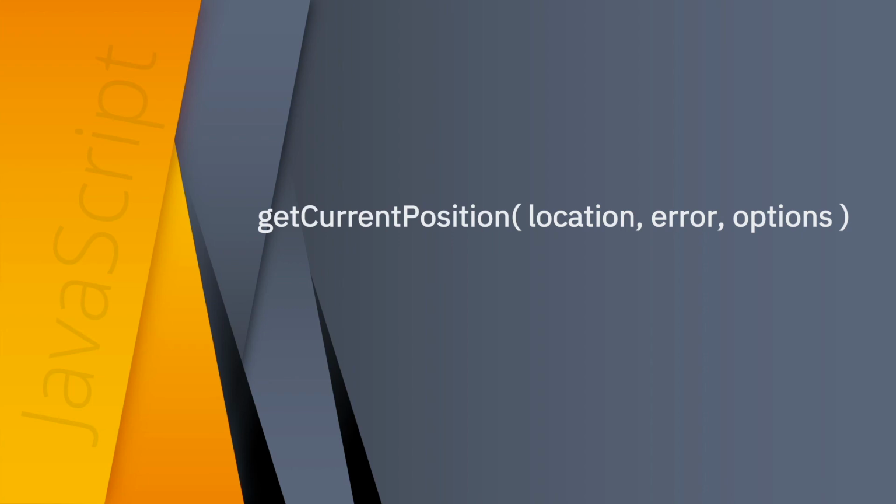The third argument, options, is if we want to set the accuracy, a timeout value, or if a cached location should be used. We won't use any of the options. The location argument is usually a function. getCurrentPosition then provides some position values for us to manipulate.